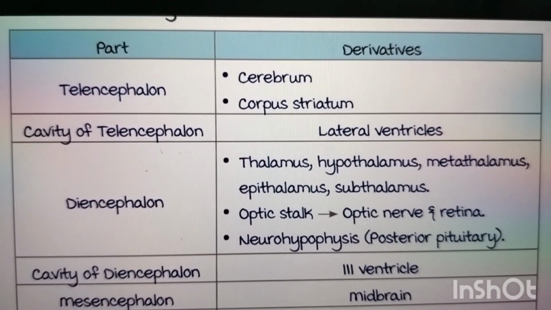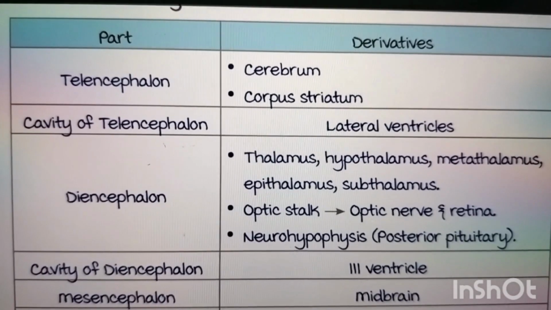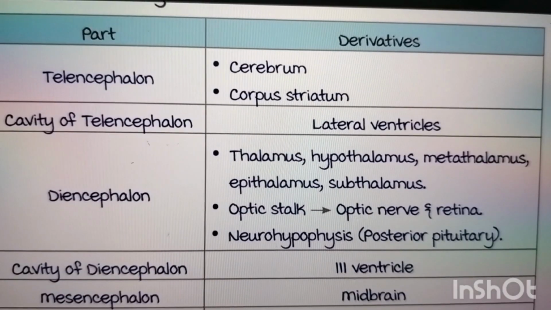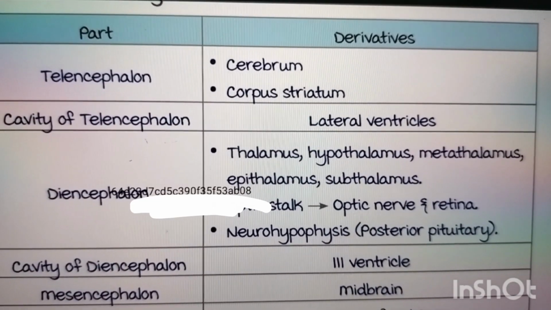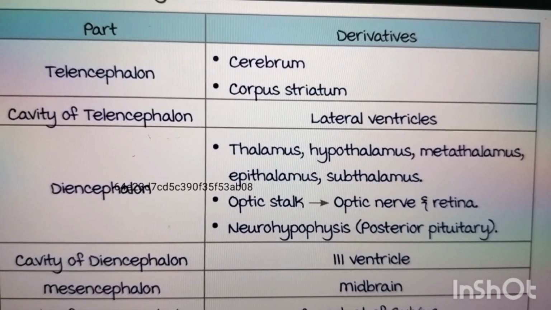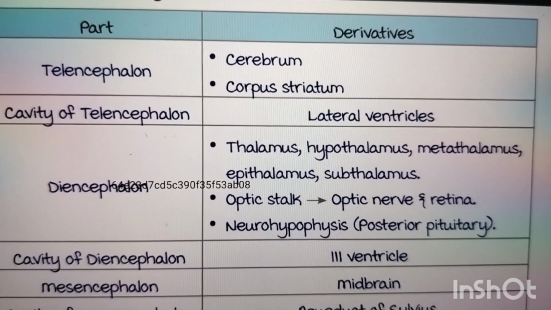Telencephalon gives rise to cerebrum and corpus striatum, the uppermost part. The cavity of the telencephalon gives rise to the lateral ventricle. Diencephalon gives rise to all the thalamus, hypothalamus, metathalamus, epithalamus, subthalamus, all the thalamic connections of the brain.